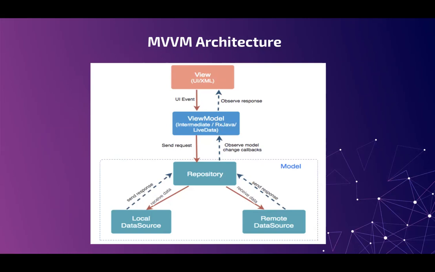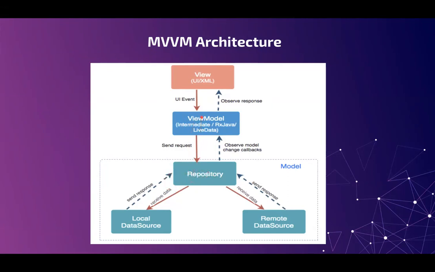And also remember, when we are triggering a UI event, the view model will surely receive that, but it is not always the case that you should go to the model and get some data.